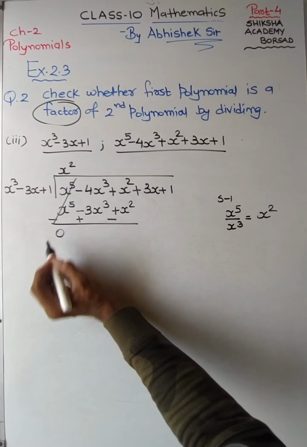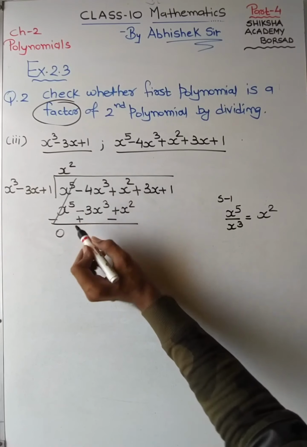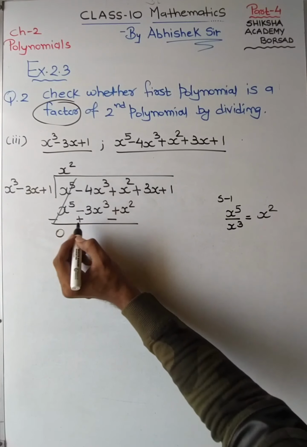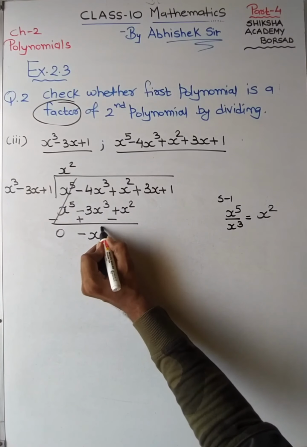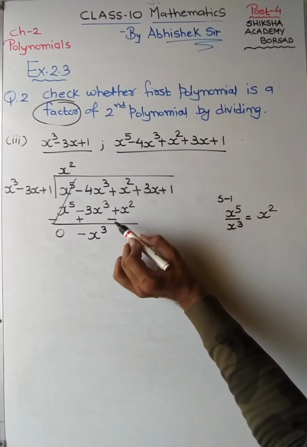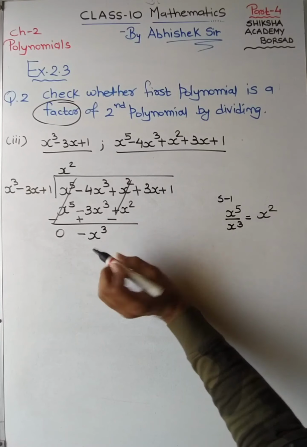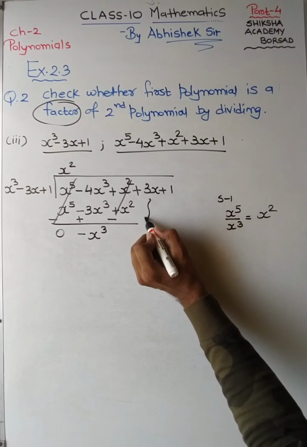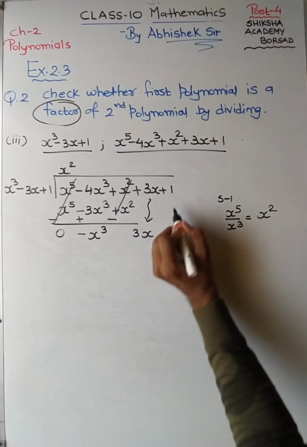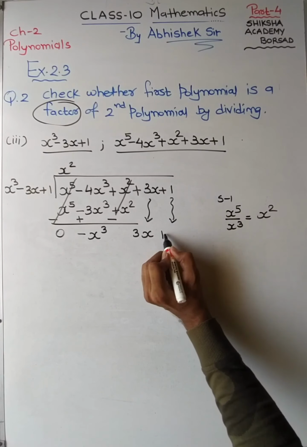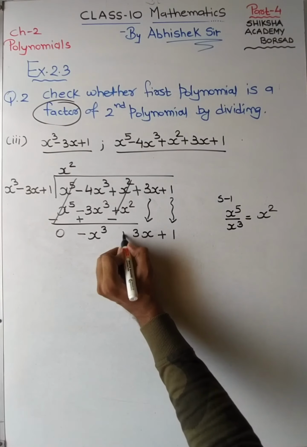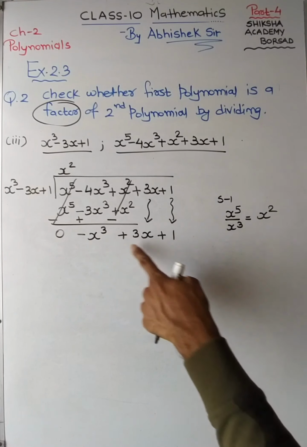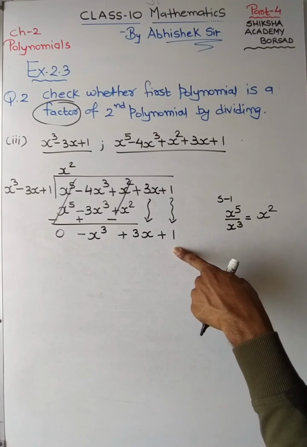This term will be cancelled. Minus 4x cube plus 3x cube, so it is minus 4 plus 3 will give you minus x cube. Plus x square minus x square, this term will be cancelled. These terms I will be repeating. Okay. So we have minus x cube plus 3x plus 1.